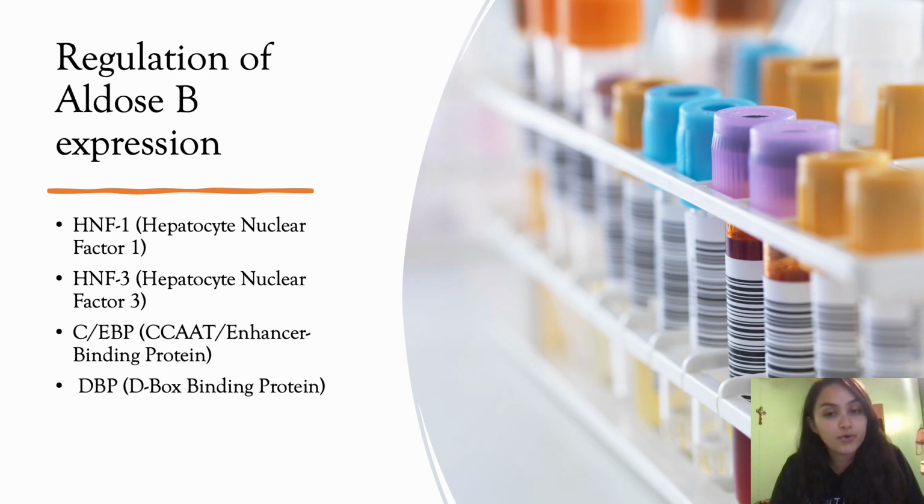Studies have shown that DBP can bind to the promoter region of the ALDOB gene and positively regulate its transcription. DBP promotes aldolase B expression, linking its regulation to circadian rhythm dependent metabolic processes in the liver.